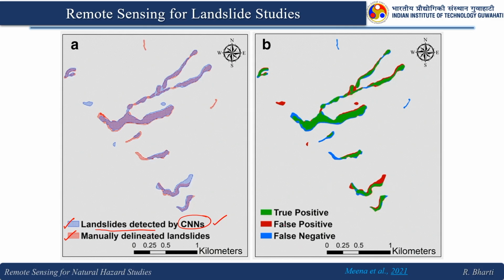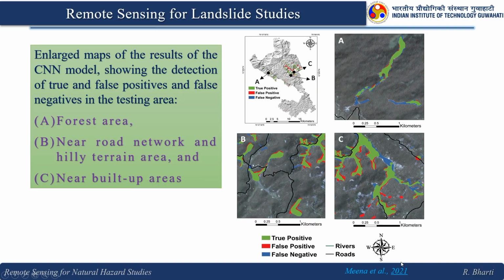Then they also identified true positive, false positive and false negative. This kind of image will provide you a more accurate result, and it will justify that whatever result you have produced is of use.